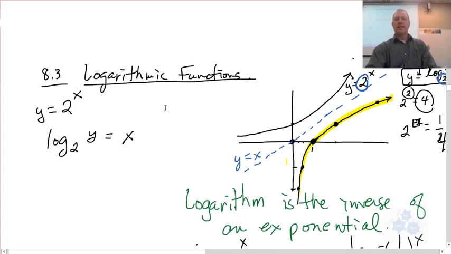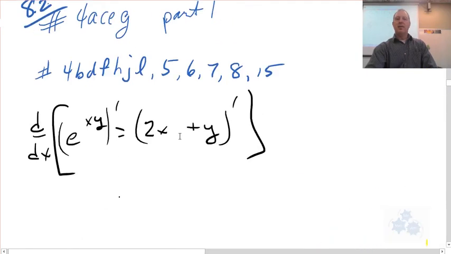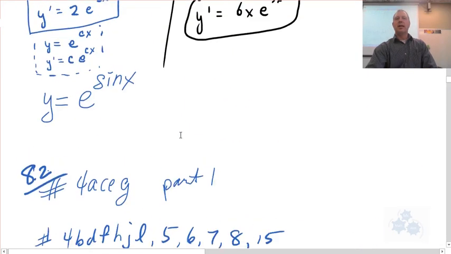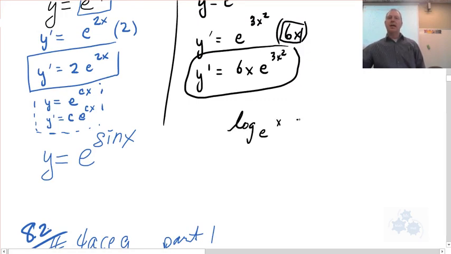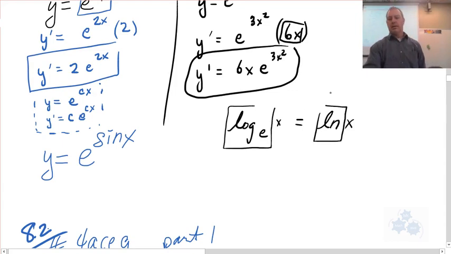But the ln that you might see in your textbook is related to the base e, and this is just a teaser for next lesson, that the logarithm with a base e is equal to the natural logarithm. So this log base e is where the natural logarithm comes from, and that's going to be in the next lesson, in 8.3.